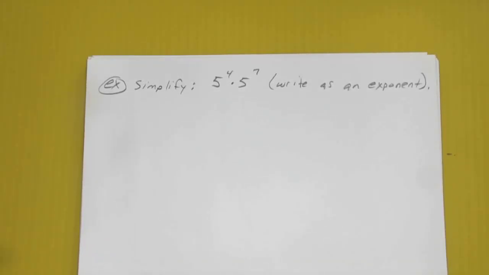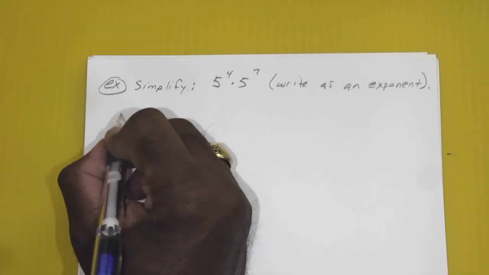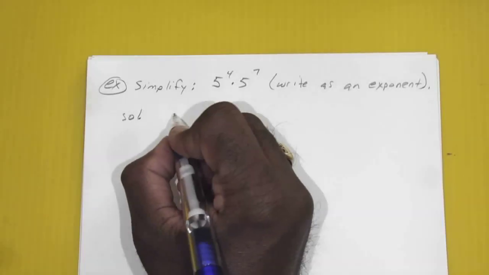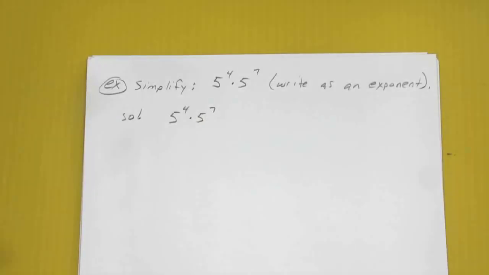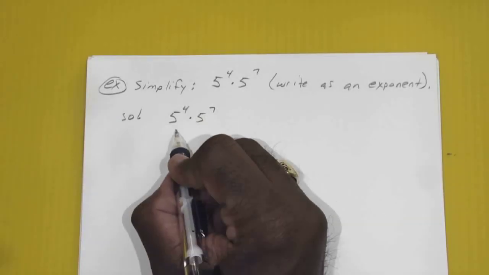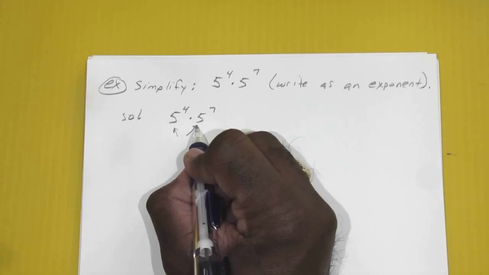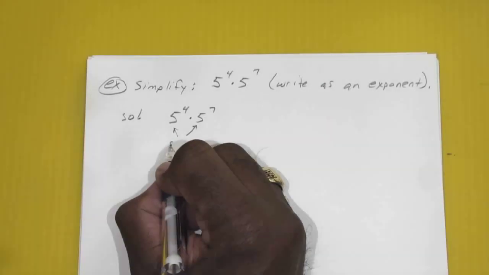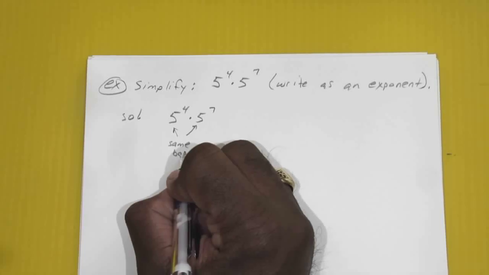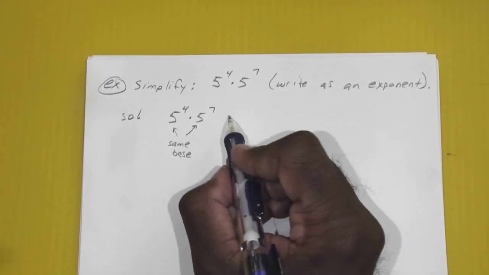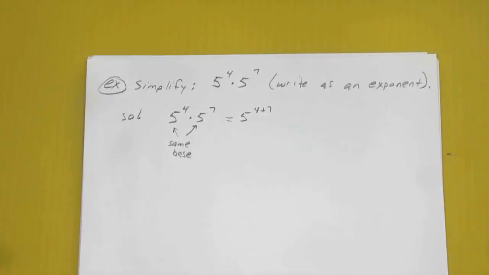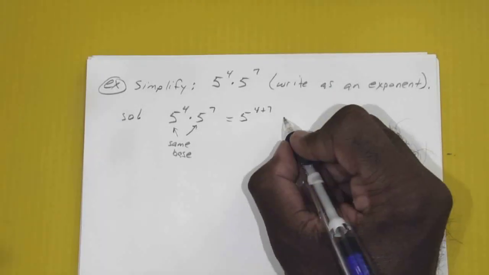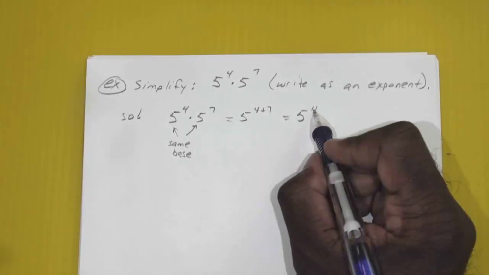So sometimes they want you to solve it, sometimes they just want you to rewrite it as an exponent. Okay. So we have 5 to the 4th power times 5 to the 7th power. Now the first thing you notice is that your bases are the same. Okay. So as long as you have the same base, it's just 5 to the 4 plus 7, which is 5 to the 11th power.